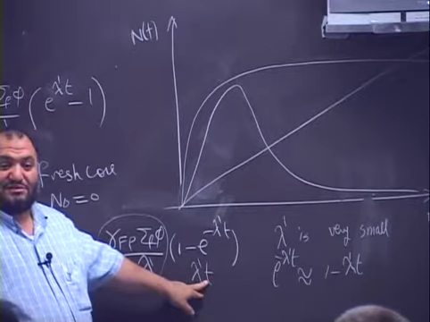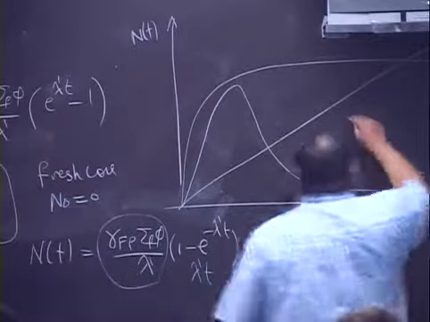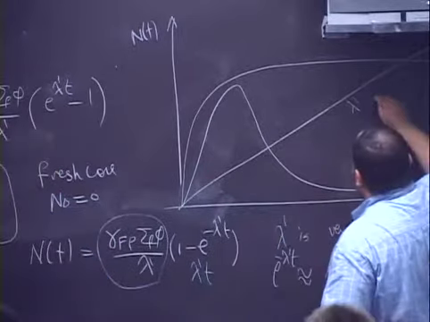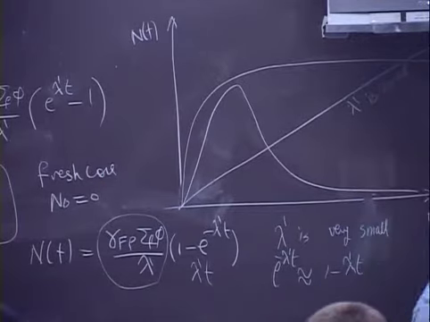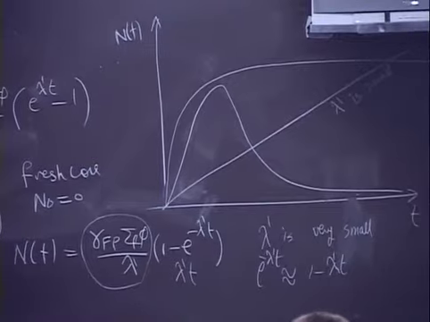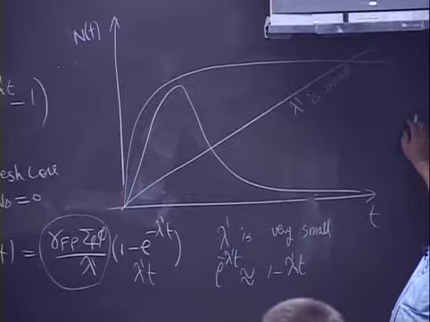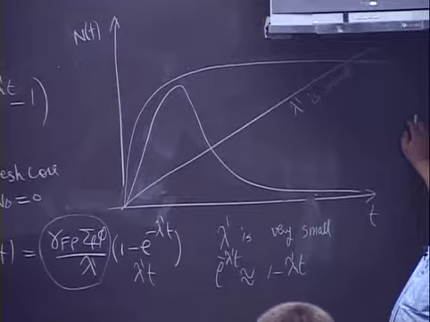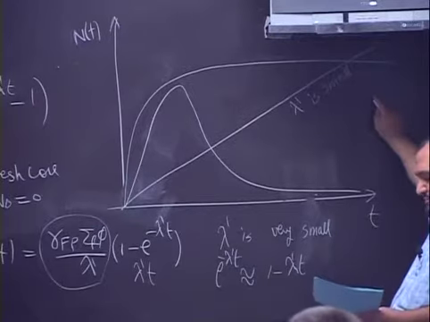This is the relation of a line. So this is the linear relation, when lambda prime is small.